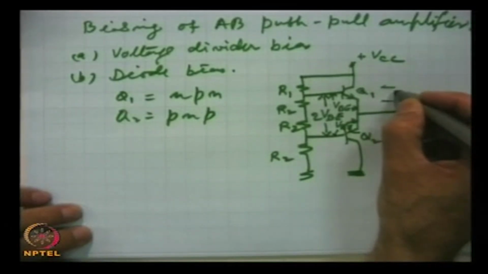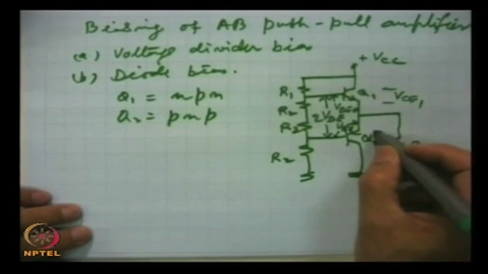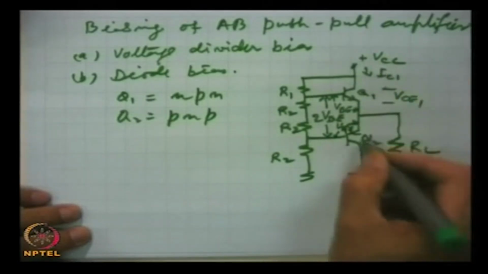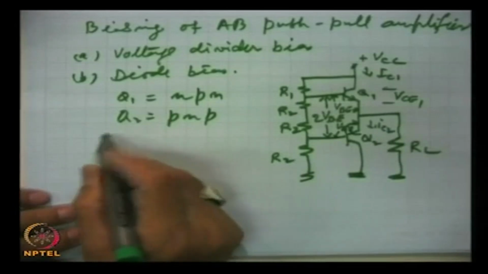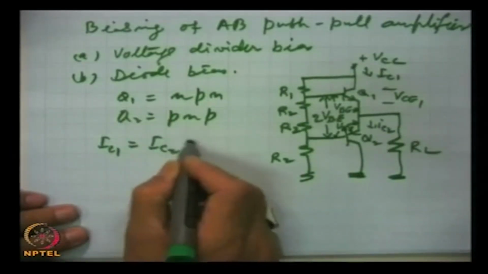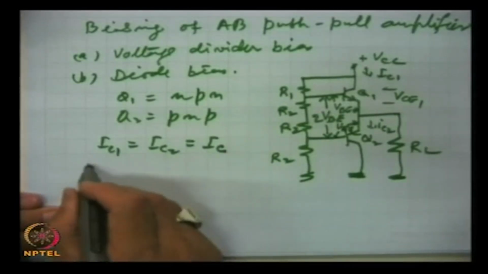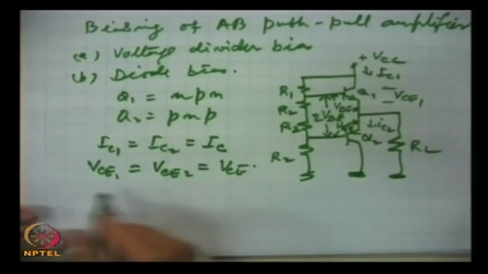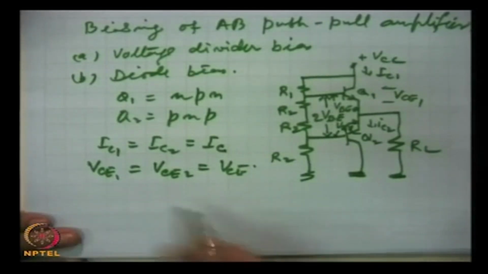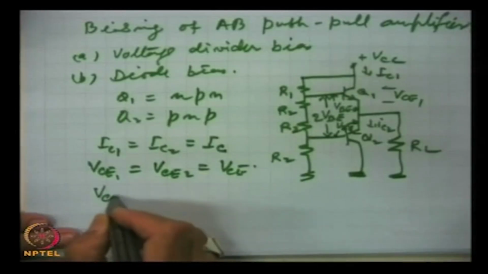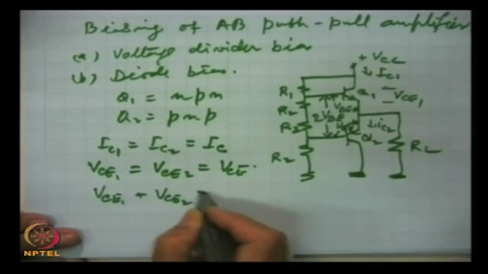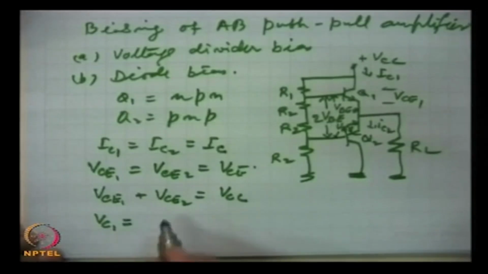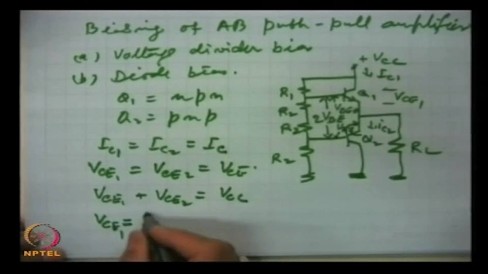So, normally half is good enough to be taken into consideration. This voltage is VCE1, similarly this voltage will be VCE2, this current is IC1 and here it will be IC2, and IC1 is equal to IC2 is equal to IC, and VCE1 is equal to VCE2 which is equal to VCE, and VCE1 plus VCE2 is equal to VCC, and hence VCE1 alone is VCC half.